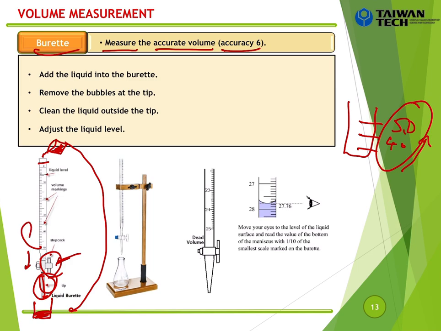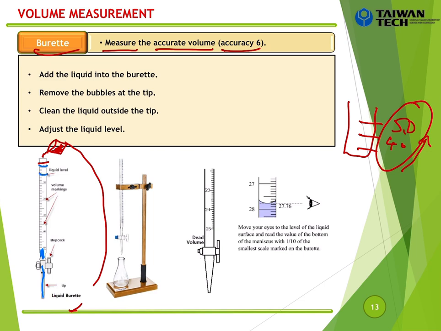Okay, and when the air has gone down, then you also do something similar to the pipette, right? We shouldn't let the liquid stay outside of the tip here, because liquid outside the tip can also come to your container. So you clean the liquid around here, everything around here. Now you have only liquid inside, no bubbles, and liquid fills all of the burette. Then you can add more until level 0, or maybe you can use level 5 at the beginning.